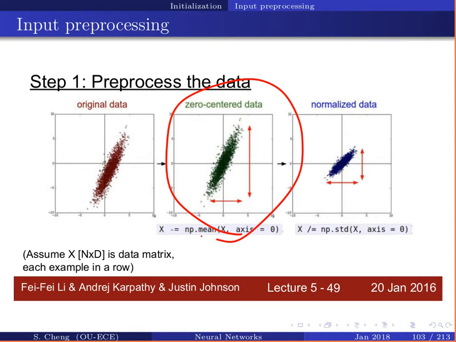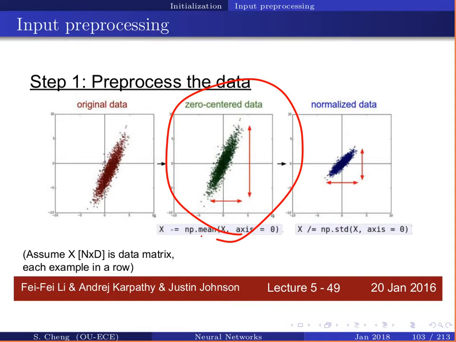Because remember, as we showed earlier, if your input is all biased, all positive or all negative, then the gradient will be restricted into a very small space in the whole gradient space.